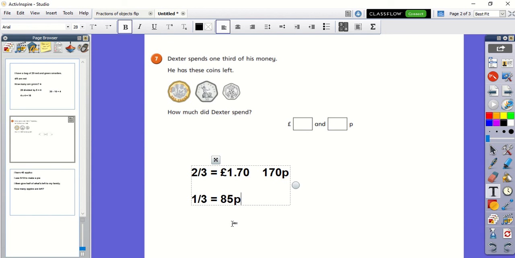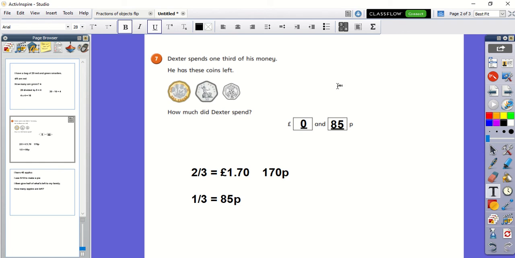So 1/3 is 85p. So, how much did Dexter spend? He spent £0 and 85p. And it's as simple as that.